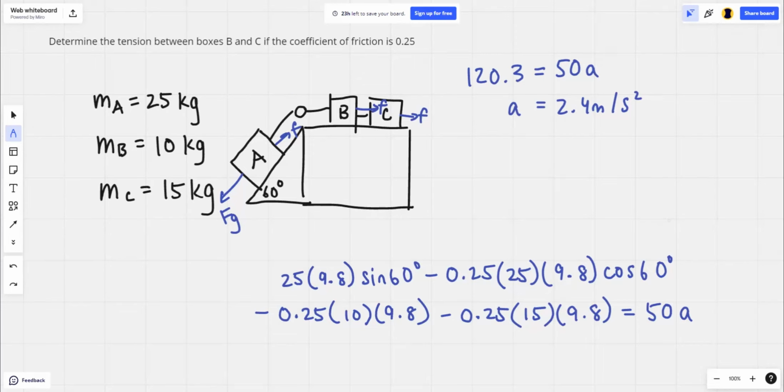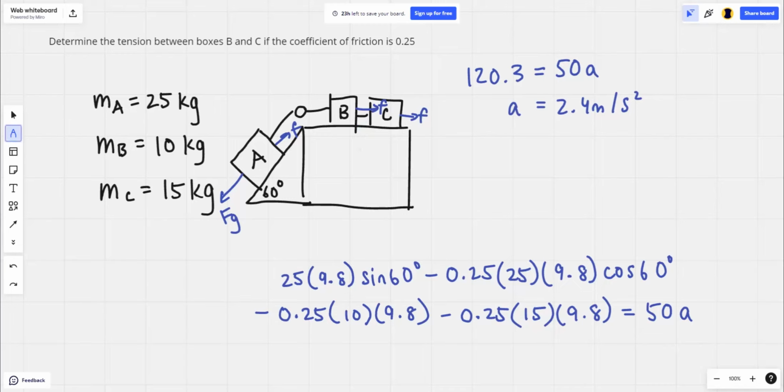Okay, so now that we've got the acceleration, we can start by finding the F net for a single box. And in this case, they want us to find the tension between B and C, which means we can either look at box C or box B. And you can do either one and it's supposed to work, but usually we want to pick the one with the least amount of forces acting on it because it's easier, or just whichever one looks easier.